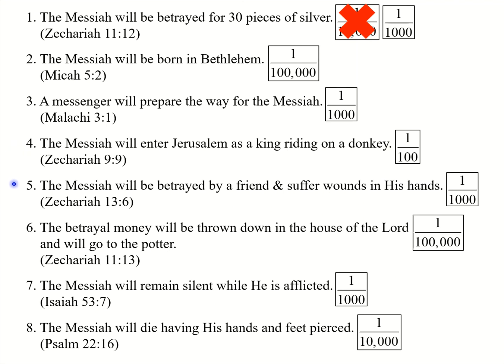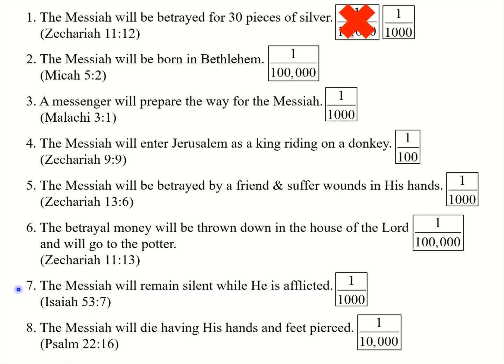Messiah will be betrayed by a friend and suffer wounds in his hands, 1 over 1,000. The betrayal money will be thrown down in the house of the Lord and will go to the potter. That's very specific. And that happened, 1 over 100,000. Messiah will remain silent while he is afflicted. Usually people try to defend themselves.